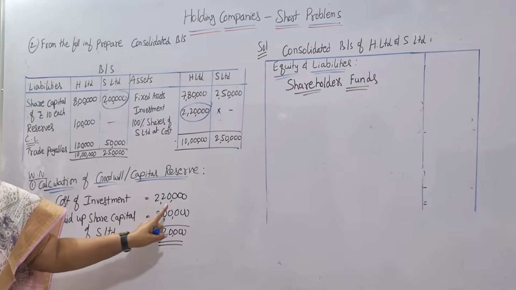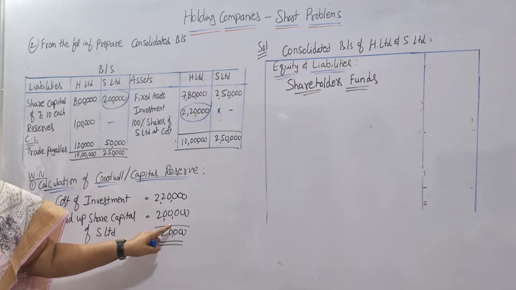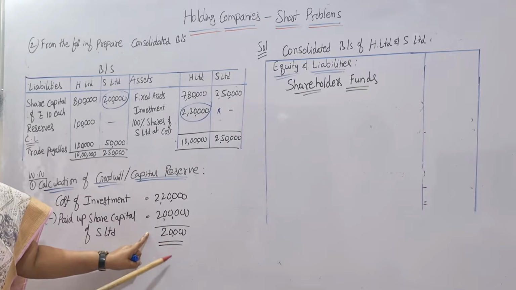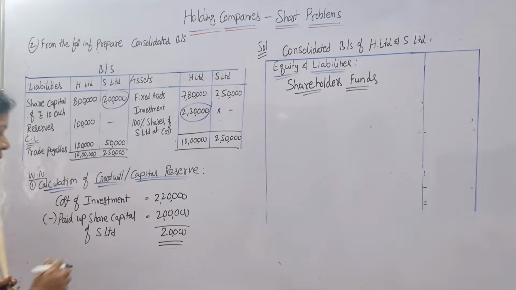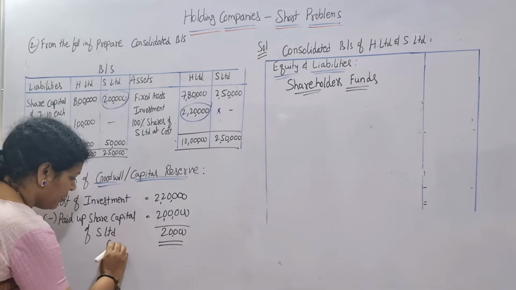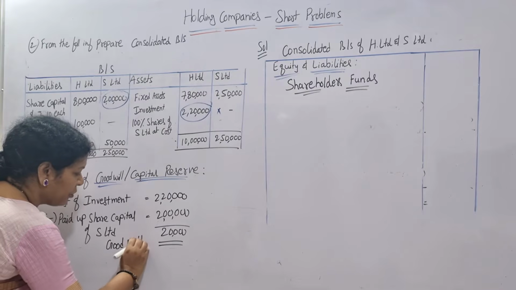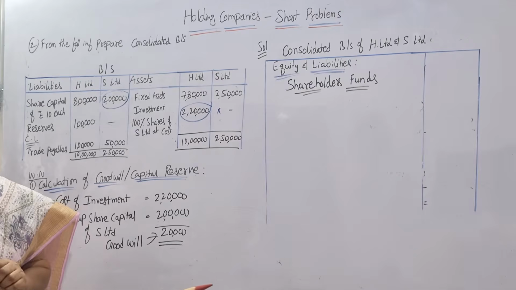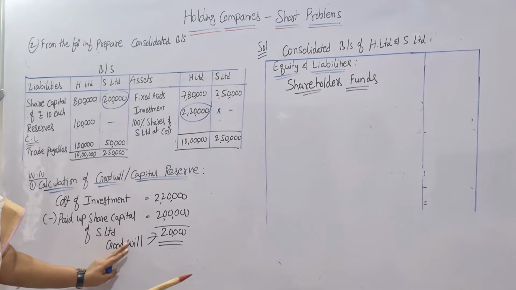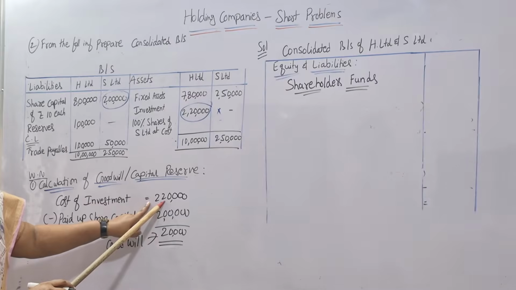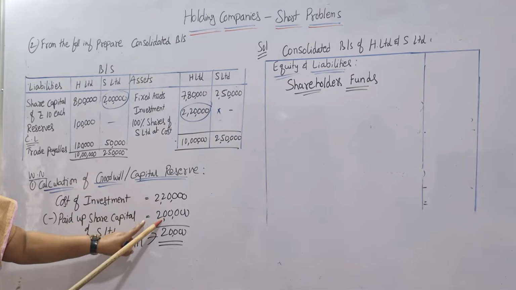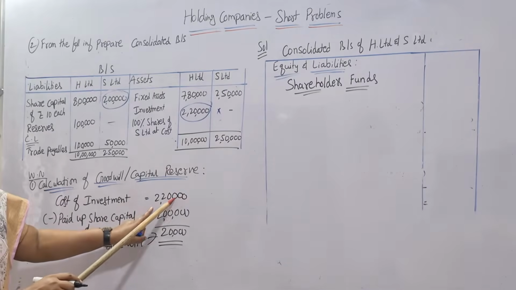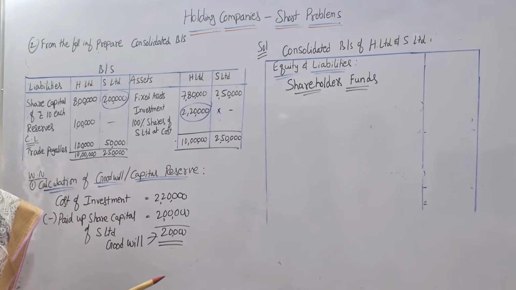So whenever our investment is more than the capital amount, investment is more, capital is less, this difference we say is goodwill. Goodwill we show in the consolidated balance sheet under the assets column, intangible assets. Suppose instead our investment is 1,50,000.